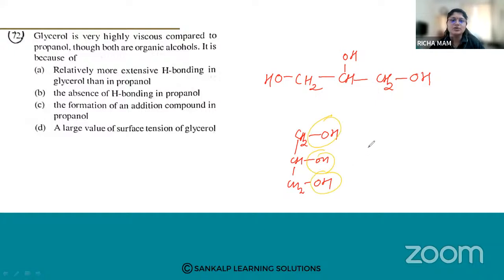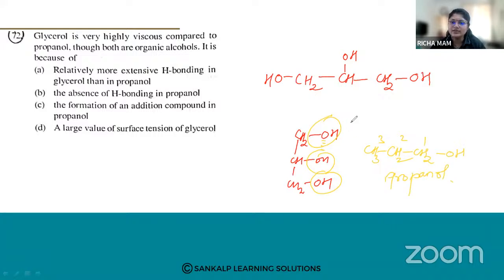Both are organic alcohols, but glycerol can form more hydrogen bonding than propanol. The propanol structure is CH3, CH2, CH2OH: 1, 2, 3. So it is propanol.